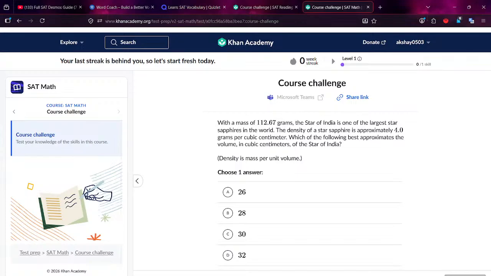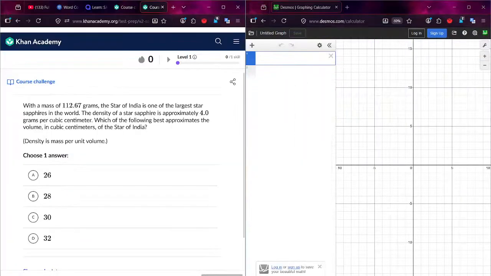So for this one, we're gonna pull up our graph here. With a mass of 112.67 grams, the Star of India is one of the largest star sapphires in the world. The density of a star sapphire is approximately 4.0 grams per cubic centimeter.